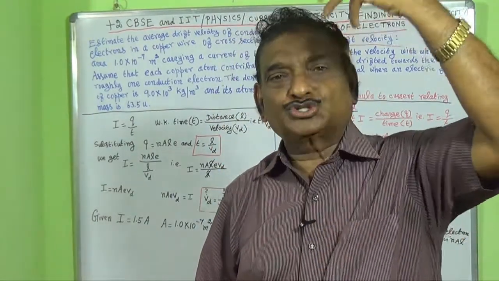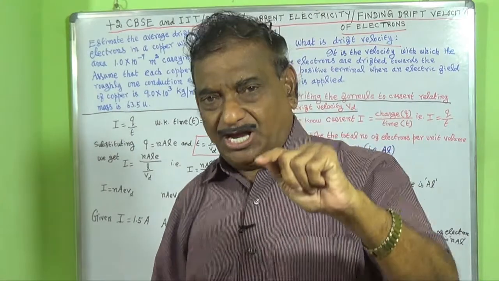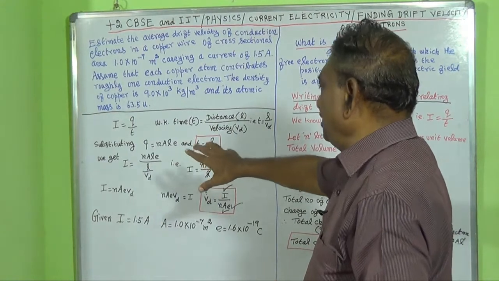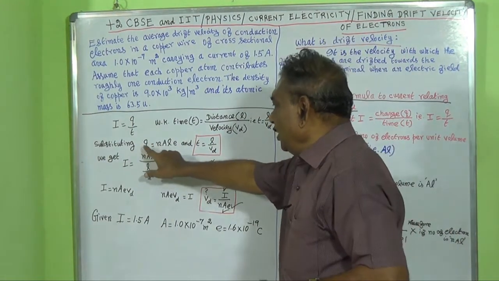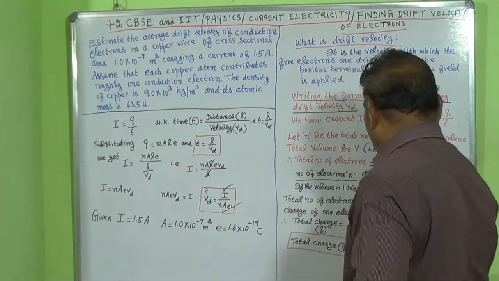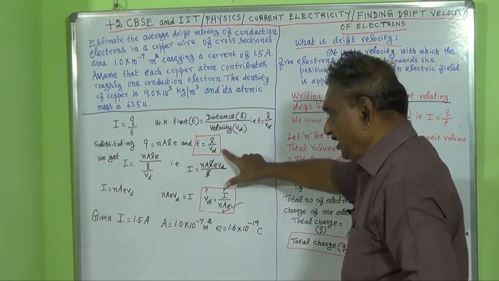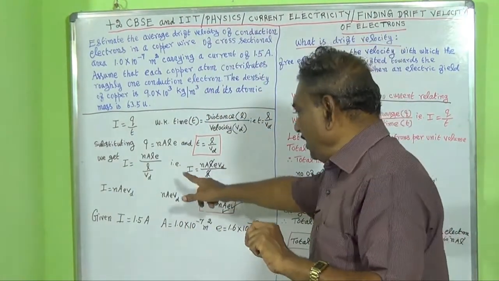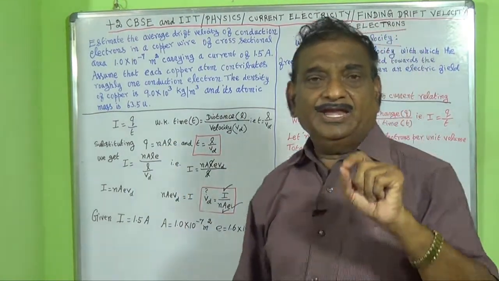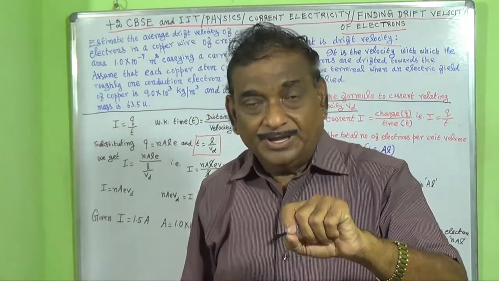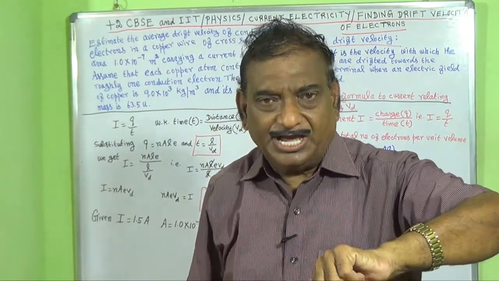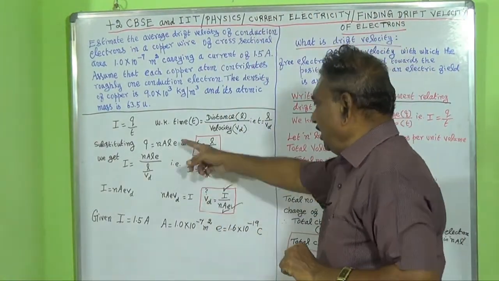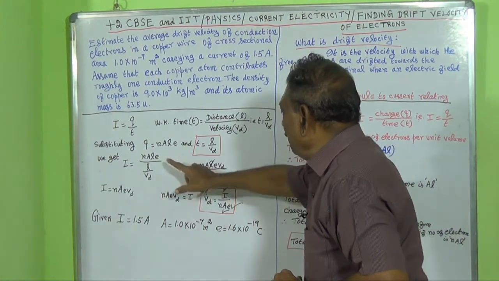Now we have the formula for Q and also the formula for t. If we substitute these two formulae in the equation I equals Q by t, we will get the formula for the current, capital I. Substituting Q equals nALe and t equals l by vd, the current I equals nALe by l by vd. In the denominator, a fraction has come. It should be reciprocated and multiplied, so vd is brought to the numerator.